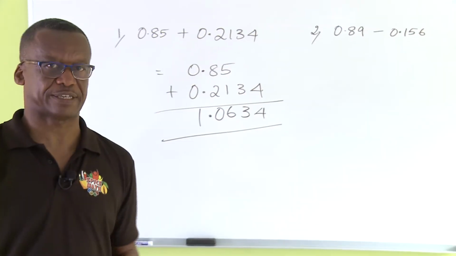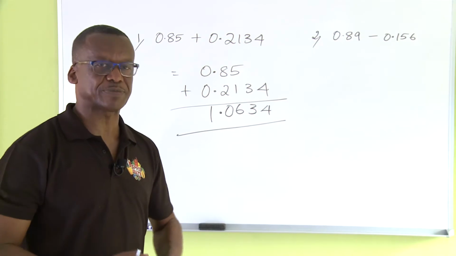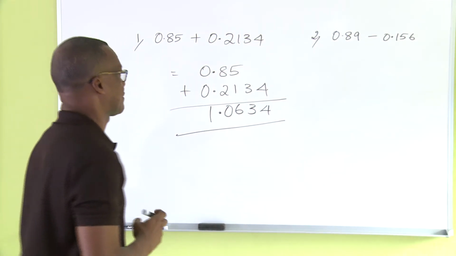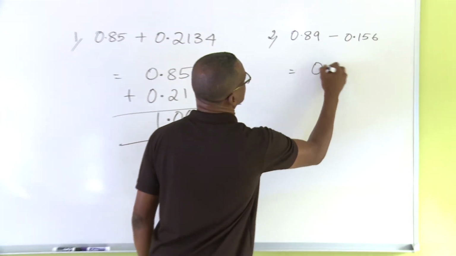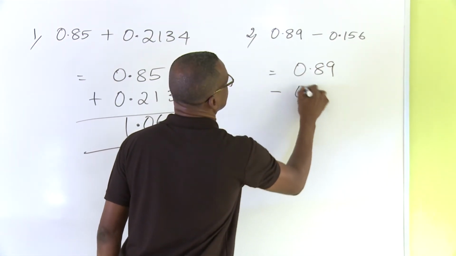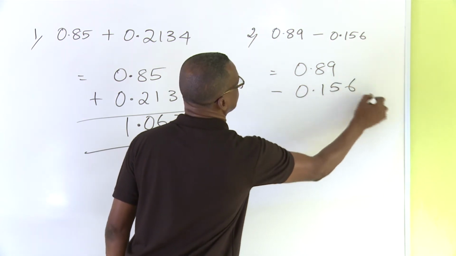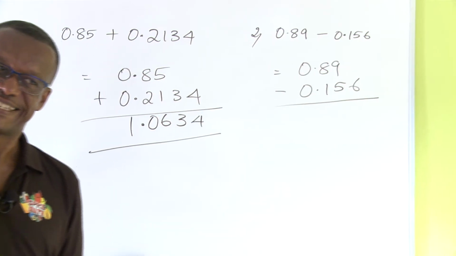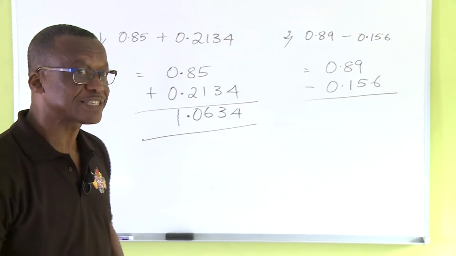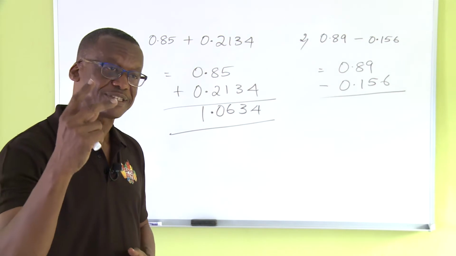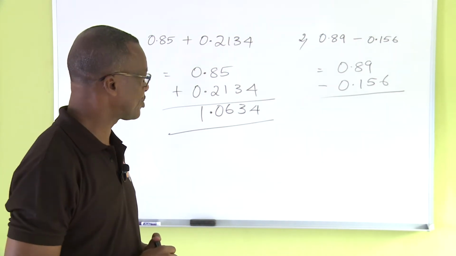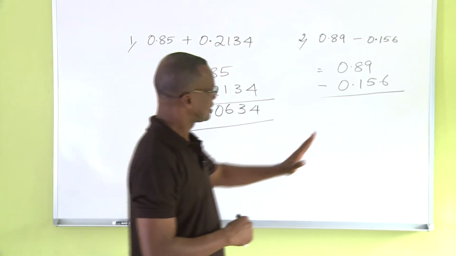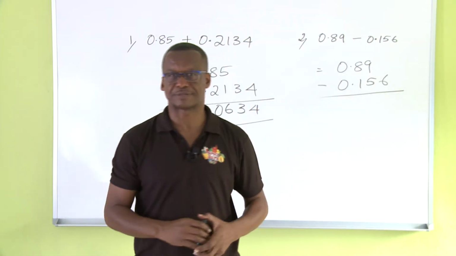Once again, the rule applies. If you're subtracting decimal fractions, when you're setting it down, you must place point under point. So, and now comes the interesting part. How do we subtract these 2 decimal fractions, or rather one from the next, when there is no position immediately above the 6?